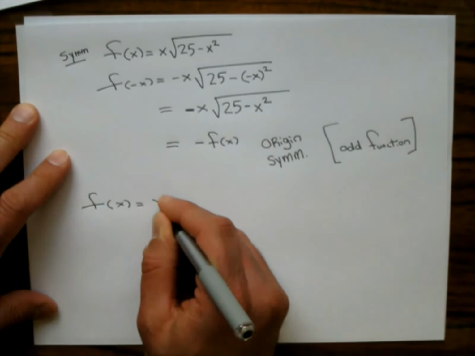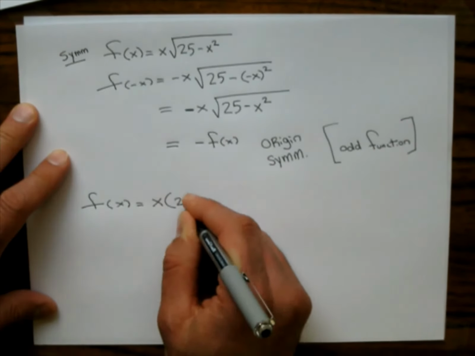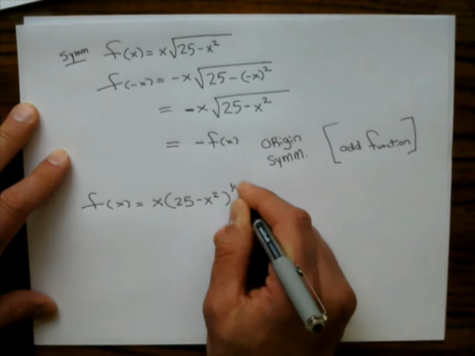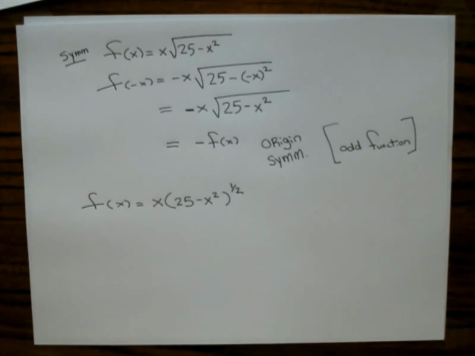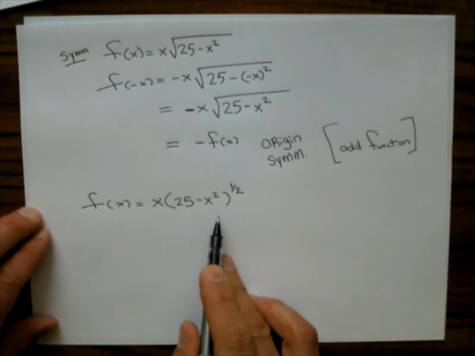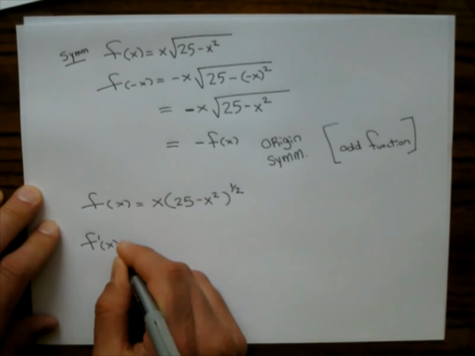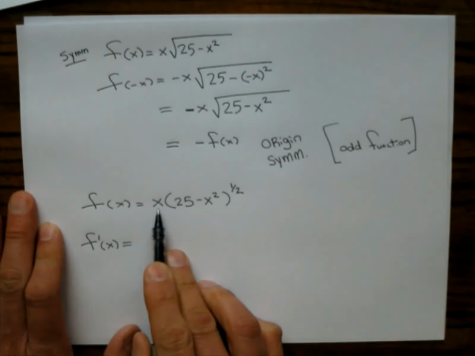It looks like x times 25 minus x squared to the 1/2 power. So let's go ahead and find the first derivative. This is going to be fun. Okay, the first derivative, you're going to use a little product rule here because you have the x times that.